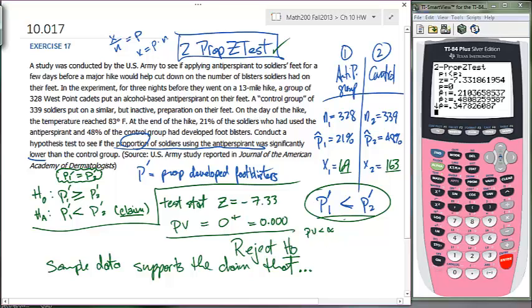is to conduct a hypothesis test to see if the proportion of soldiers using antiperspirant was significantly lower than the control group. So we can just write it word for word.